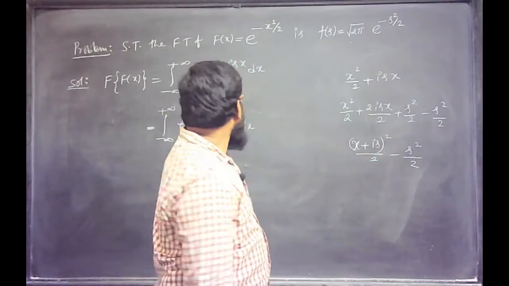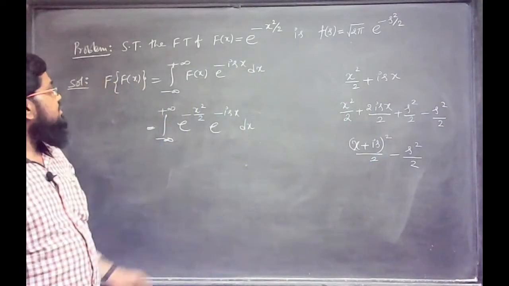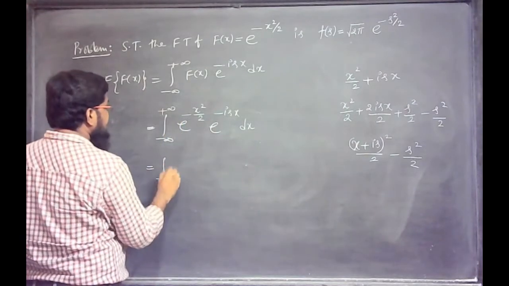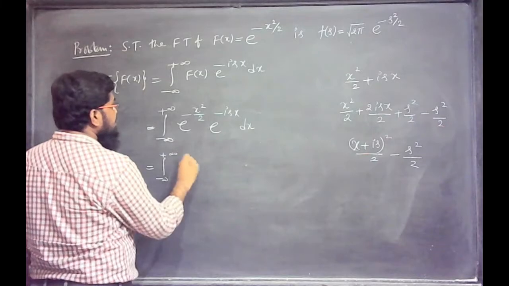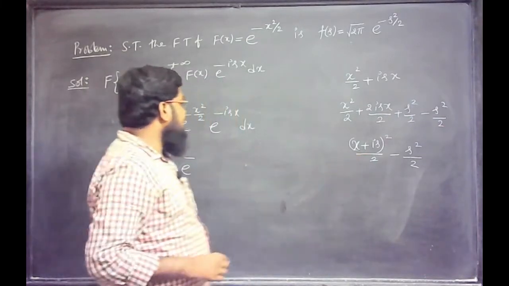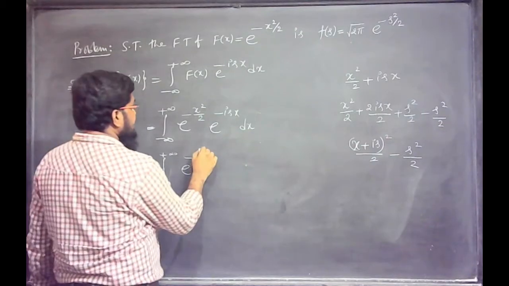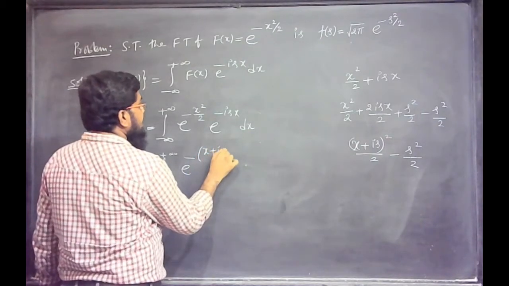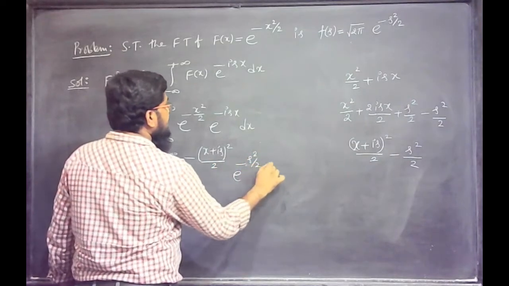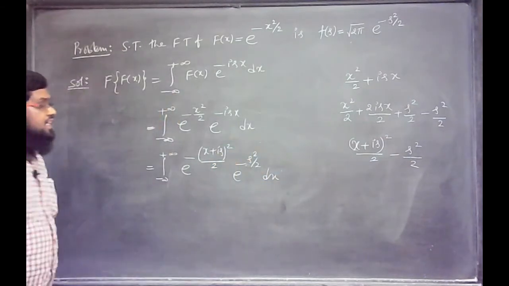Okay, so this way, this entire term can be written as the integral from minus infinity to plus infinity of e power minus x square by 2, e power minus x. That can be written like this, e power x plus is whole square by 2 into e power minus s square by 2 dx. Nothing wrong here?